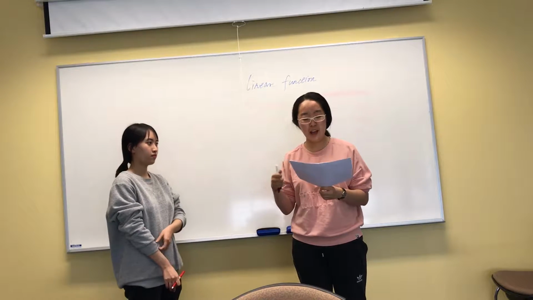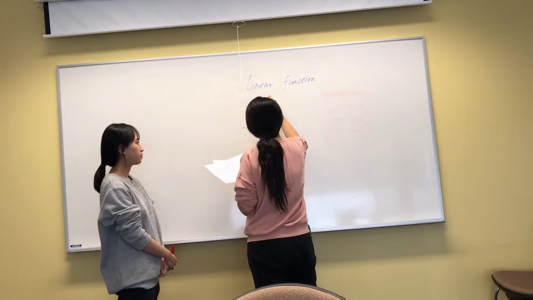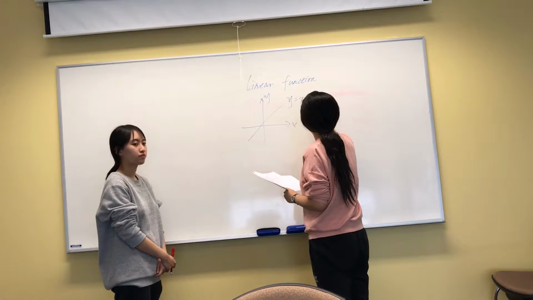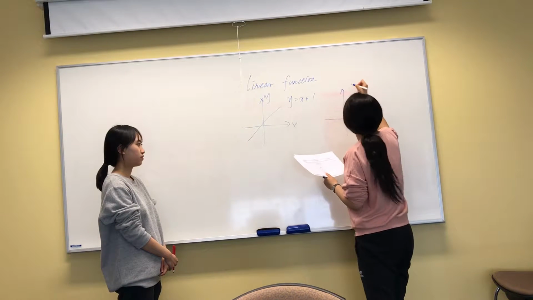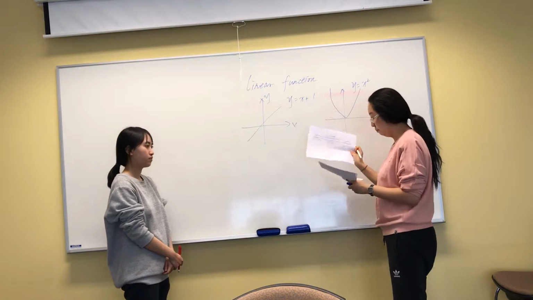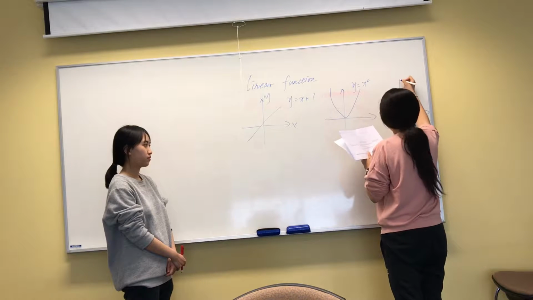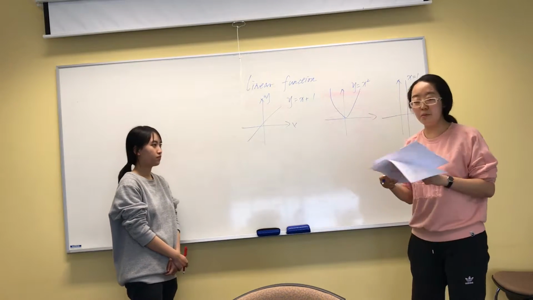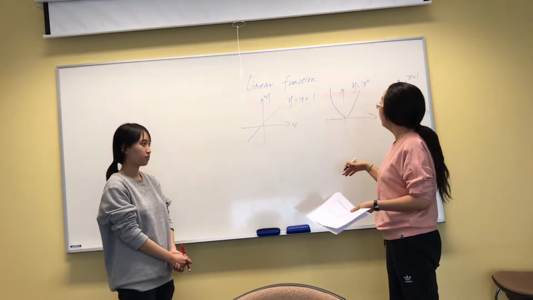And how do we identify linear functions? If I give you the graphs of some functions, let's say this one is y equals x plus 1, the next one is y equals x squared, and the other one is x equals 1, would you please tell me which one or which ones of those is or are linear functions?